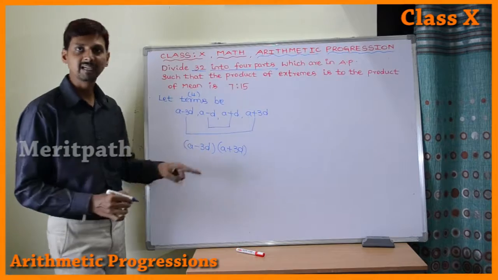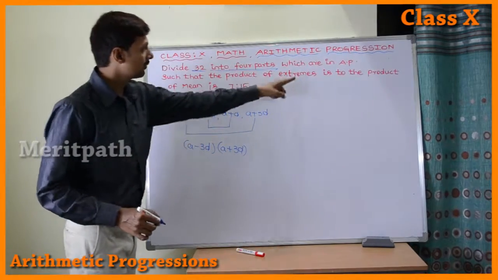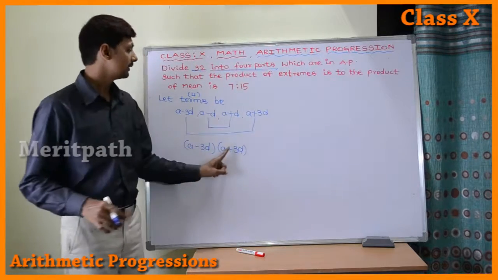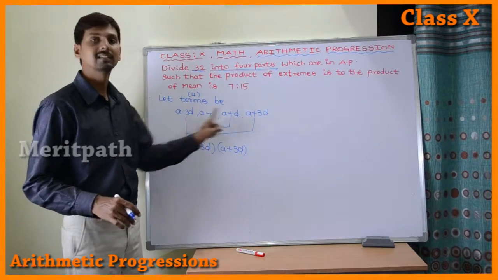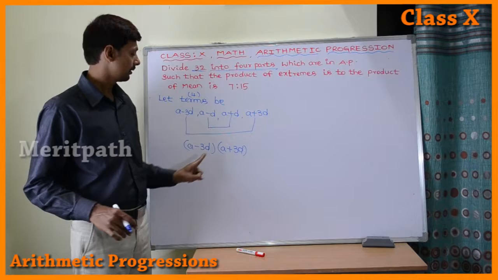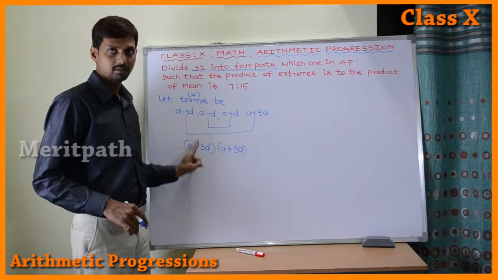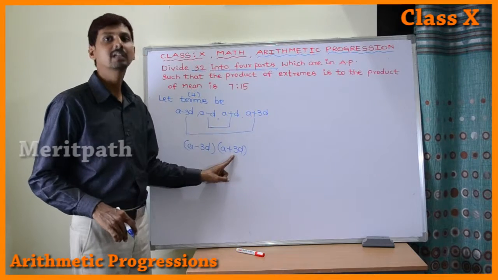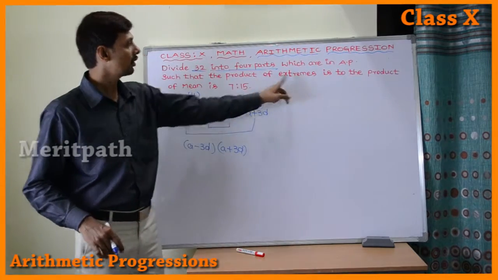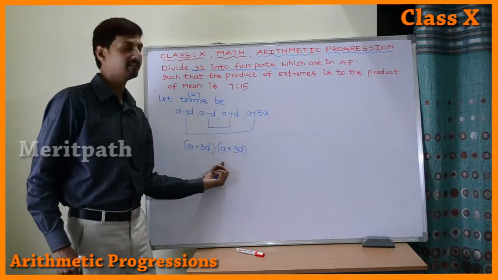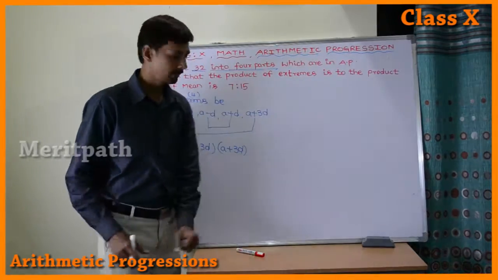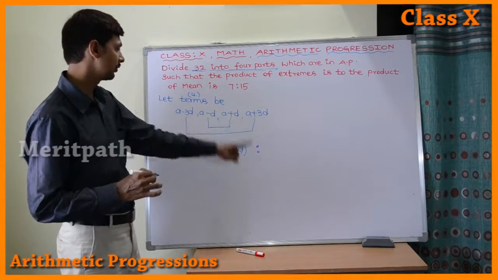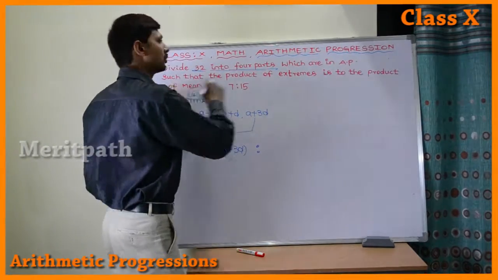The extremes are a minus 3d and a plus 3d. We multiply these extremes. The ratio is to the product of means.